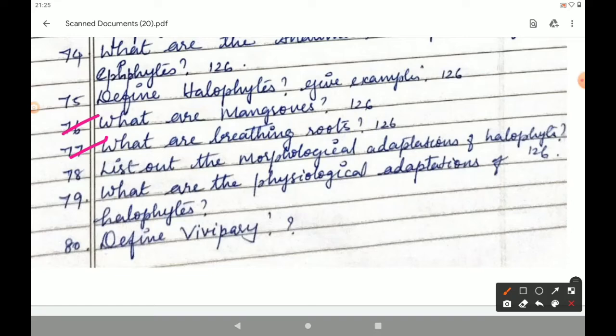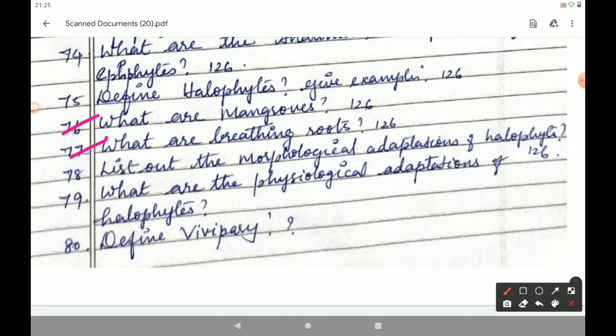The next question, 77th question. What are breathing roots? Page number 126, right side of the page, under the heading Morphological Adaptation, third point. Special type of negatively geotropic roots called pneumatophores with pneumathodes to get sufficient aeration are also present.